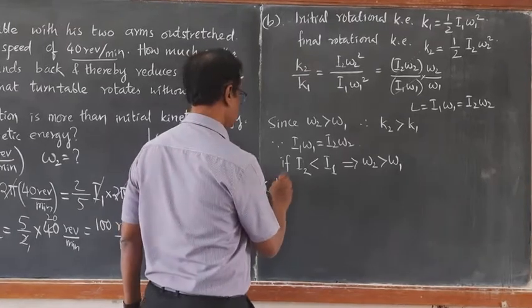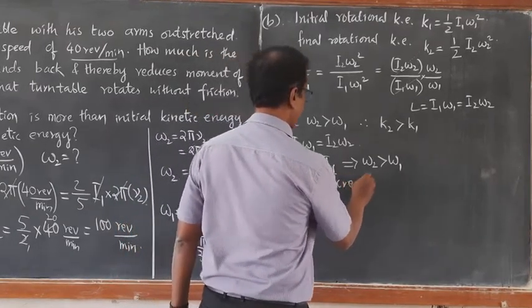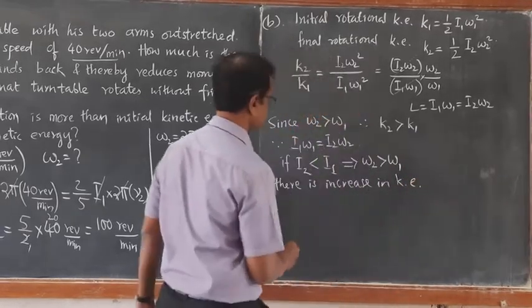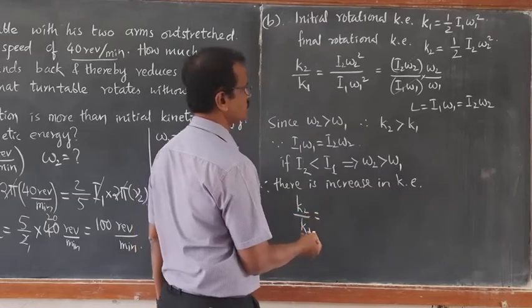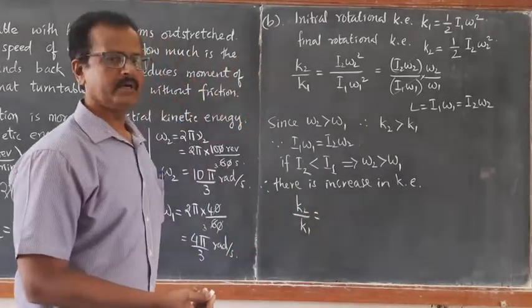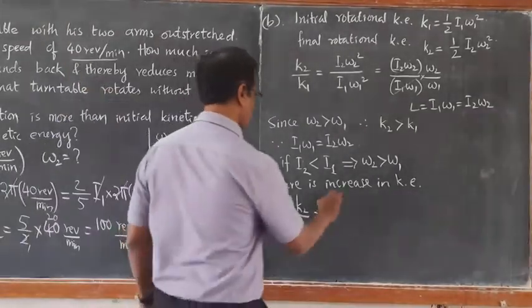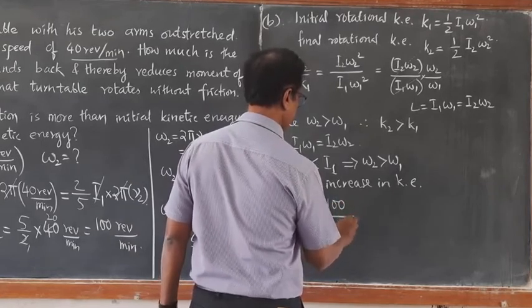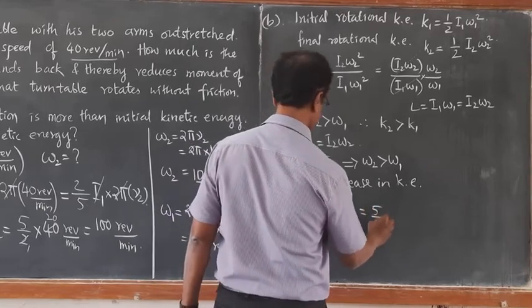Therefore, there is an increase in kinetic energy. You can calculate how much is the increase. K2 by K1 is equal to, directly substituting the values of omega 2 and omega 1, 100 rotations per minute divided by 40 revolutions per minute. If you cancel this, it comes out to be 5 by 2 times.